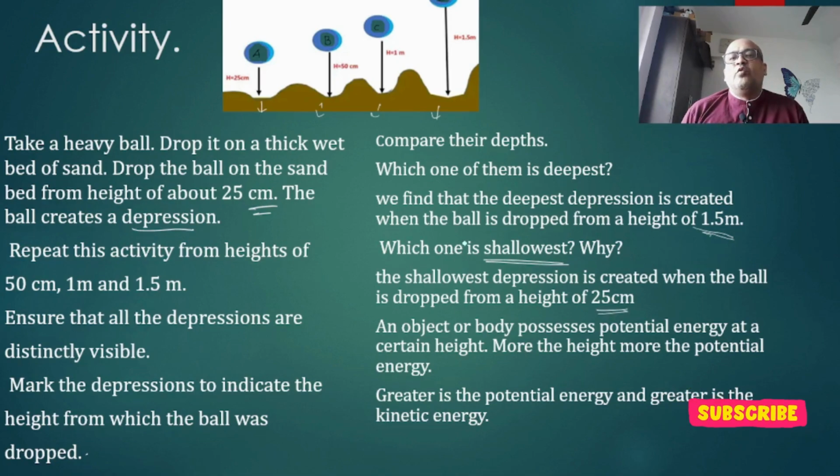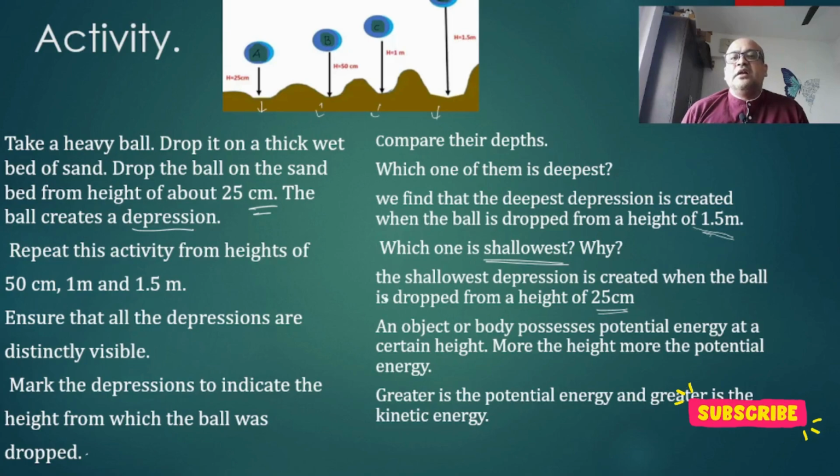Why is there this difference? Why has one created the deepest depression and one the shallowest? As you all know, the mass of the ball remains constant. Then why is there this difference?